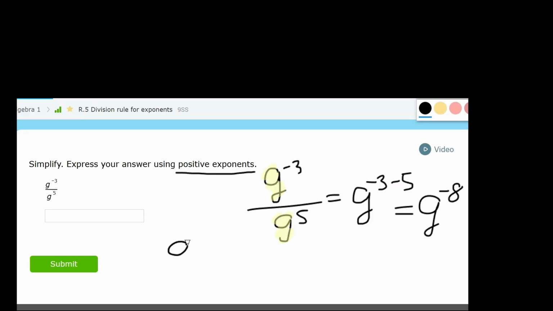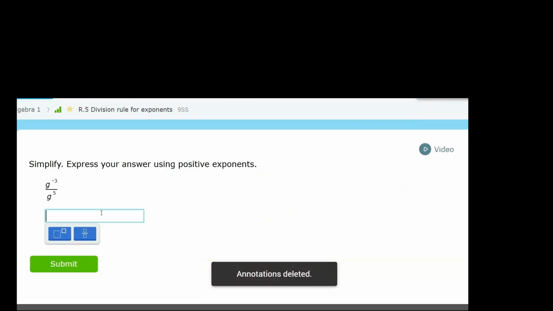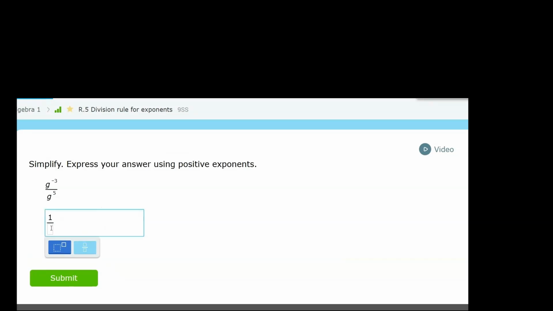So g to the negative 8 is the same thing as 1 over g to the 8. Okay? You basically remove that negative and then you kick it down to the basement. That's how I like to think of it. So let's put that in and see if that works. You're going to want to click the fraction button. 1 over g to the 8th.